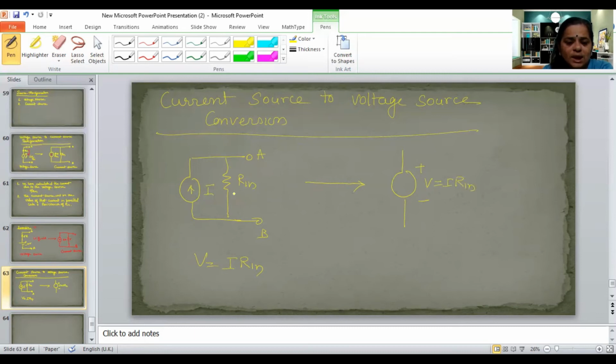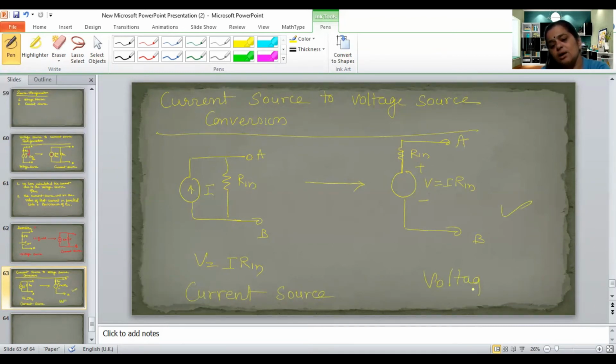And whatever the internal resistance of the current source is there, that will be as it is connected in series with the voltage source. So this is Rin and this is terminal A and this is terminal B. So this is the current source and its equivalent voltage source after transformation will be this.